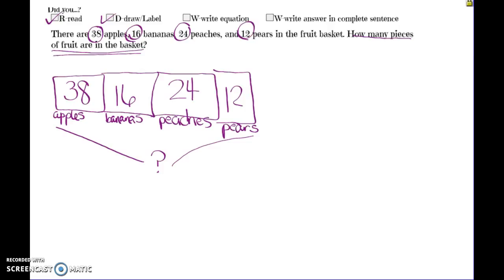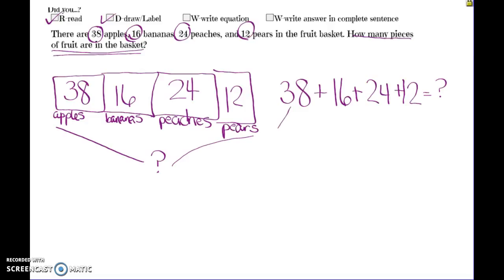I know that I have 38. And because I'm finding out how many pieces of fruit are in the basket, I'm going to use the operation of addition. So 38 plus 16 plus 24 plus 12. Now here's where I want to make the easy tens to add.